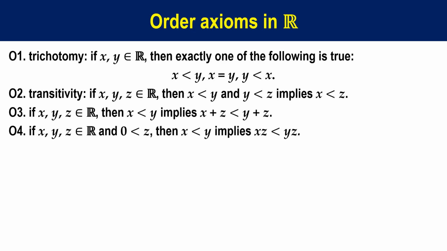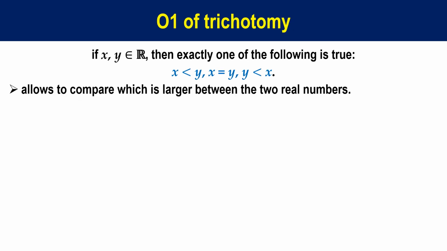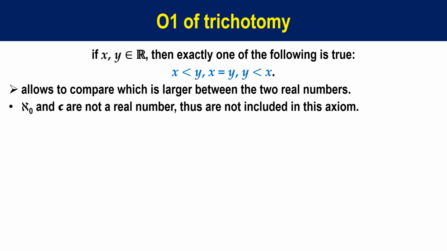There are four order axioms in real numbers. Axiom O1 of trichotomy states, if x and y are real numbers, then exactly one of the following is true: x is smaller than, equal to, or larger than y, and allows us to compare which is larger between the two real numbers.